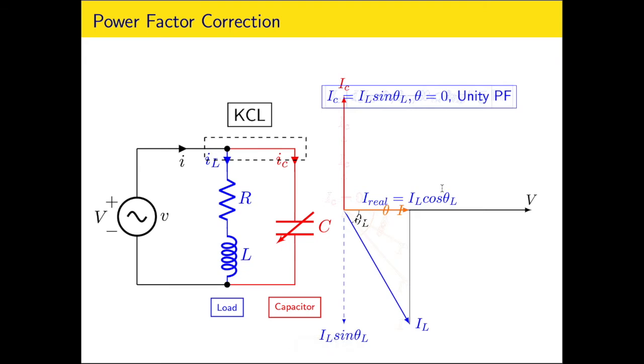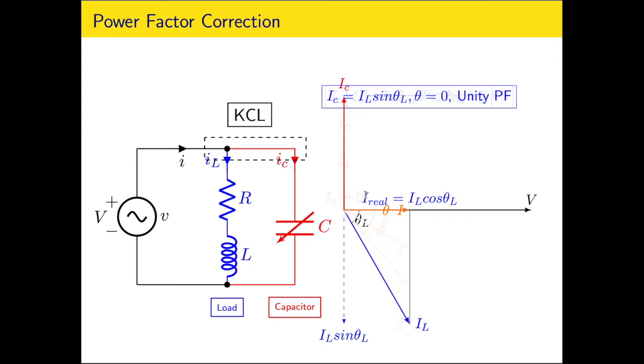Now in this, the compensation level is adjusted such that the IC is exactly equal to the IL sine of theta L. When that condition is met by adjusting the compensation, then the theta value will be 0, and theta 0 indicates unity power factor operation.